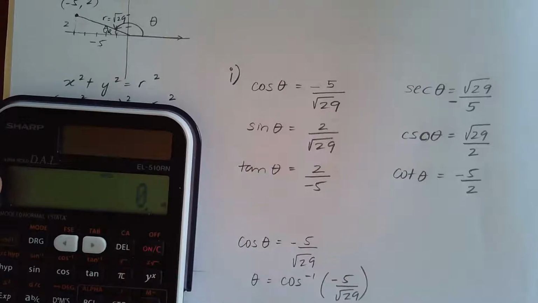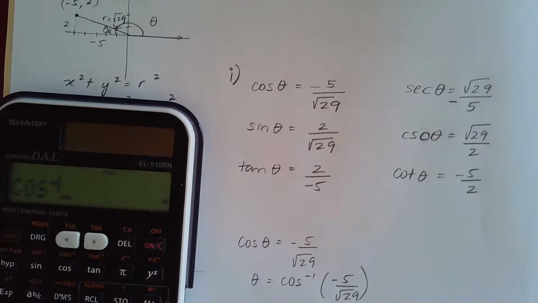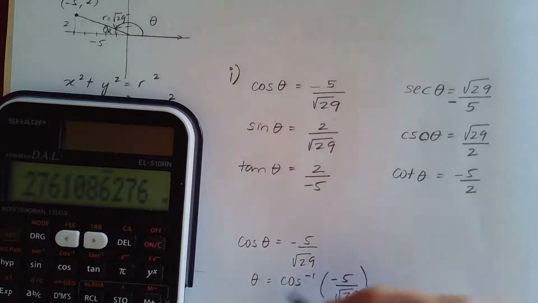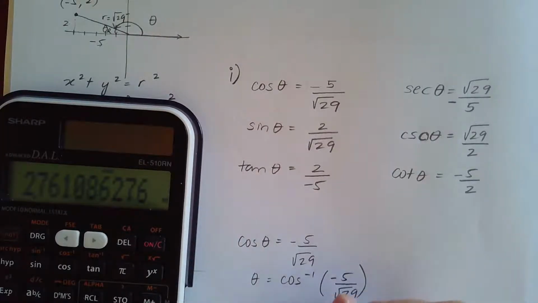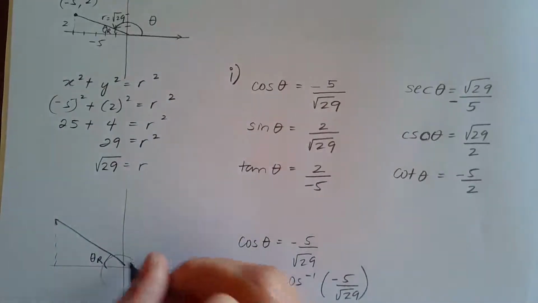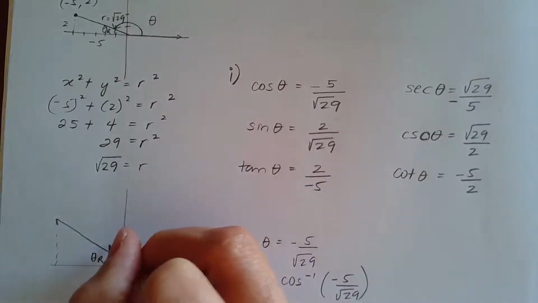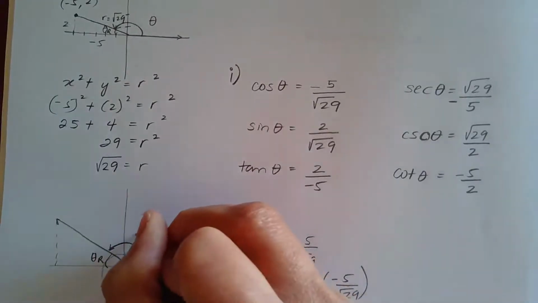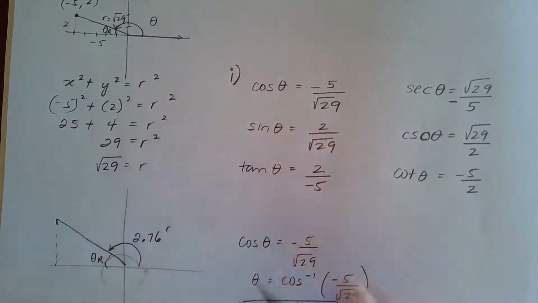Oh, actually, we might get the actual angle. So cos inverse of negative 5 divided by the square root of 29. It's going to be 2.76 radians. So from here to here, we're going to get the 2.76 radians.